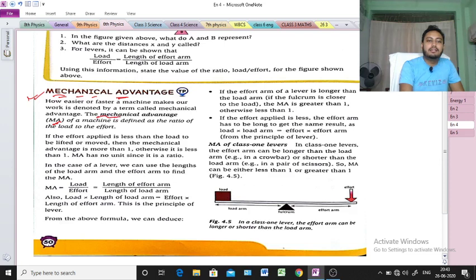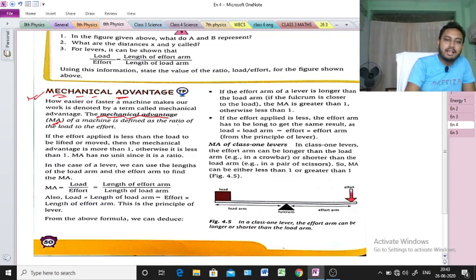Just read this paragraph. Mechanical advantage of a machine is defined as the ratio of load to effort. Clear? I hope you can understand.